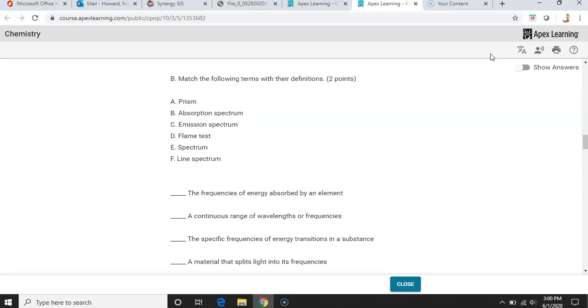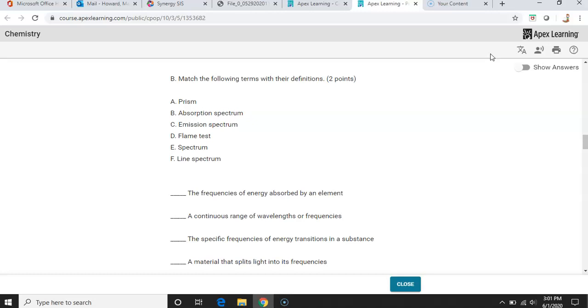A prism is a material that splits light into its frequencies. Okay, that's for A. An absorption spectrum is the frequencies of energy absorbed by an element. Makes sense: absorption, absorbed. Okay, we're looking at emission spectrum. It's the frequencies of photons a sample emits.